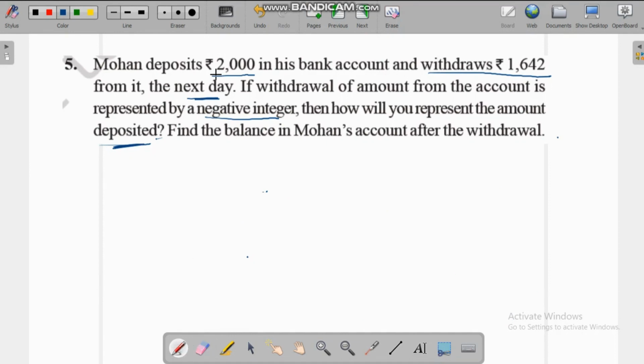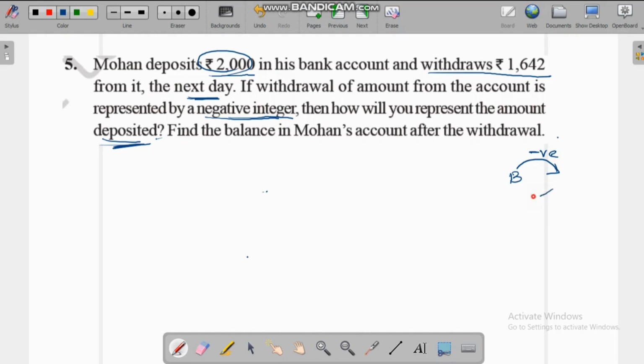Mohan deposits 2,000 rupees in a bank account and withdraws 1,642 rupees the next day. If withdrawal of an amount from the account is represented by a negative integer, how will you represent the amount deposited? Find the balance in Mohan's account after the withdrawal. When in a bank account an amount is withdrawn, that is represented as a negative integer. When we withdraw an amount, that means we are taking out, it is represented in negative.